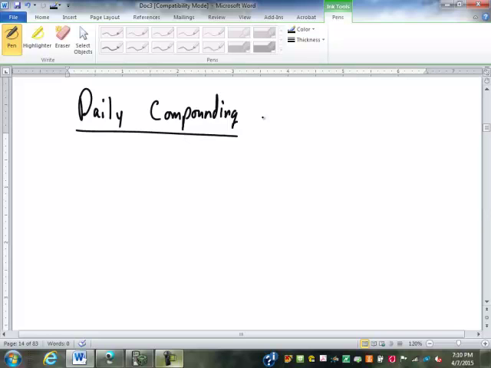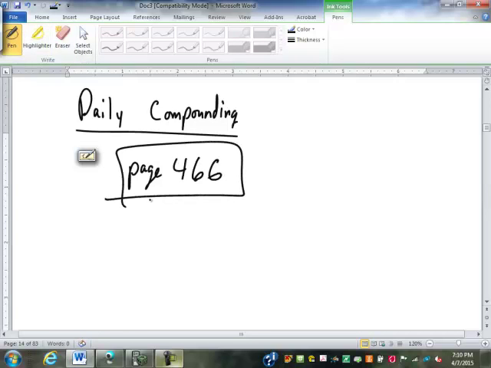So in your book, on page 472, there is a compound interest. Actually, sorry, not page 472. It was page 466. Sorry about that. And this is daily compound interest.